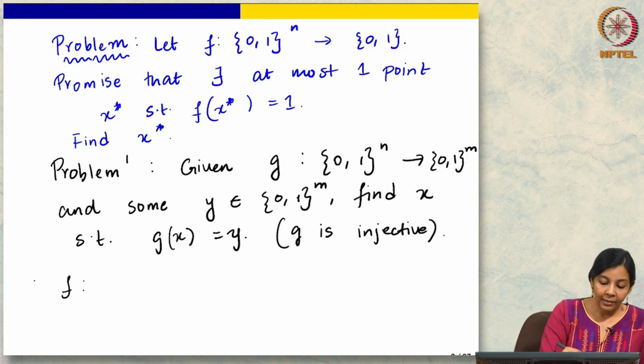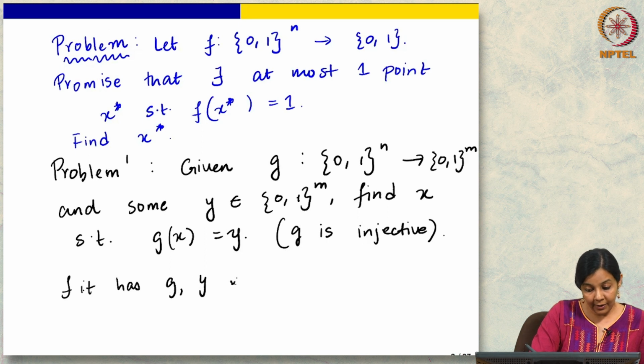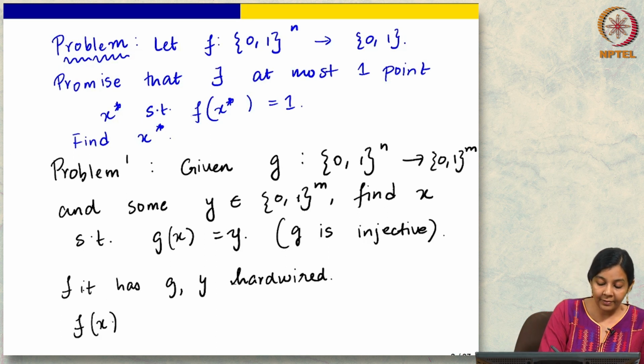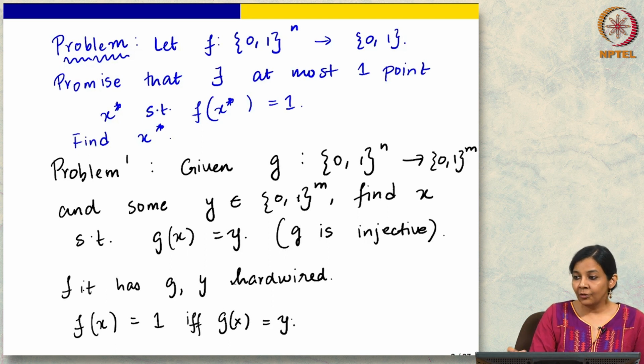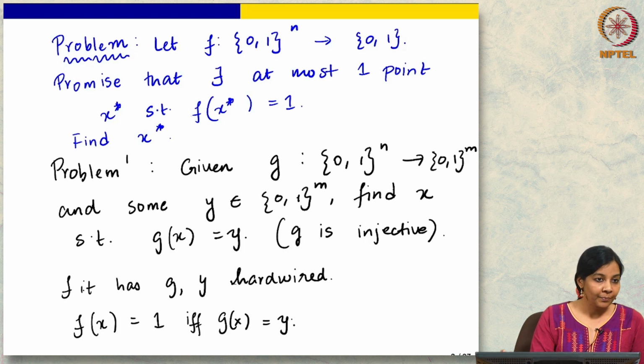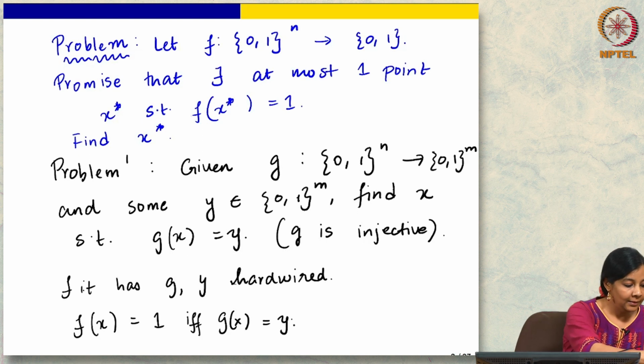So I define f such that it has g and y hardwired. Okay, and I can say that f of x is equal to 1 if and only if g of x is equal to y, right. So this way I can use a method for solving the problem to solve problem prime. Okay. So, that's clear. Okay, good.